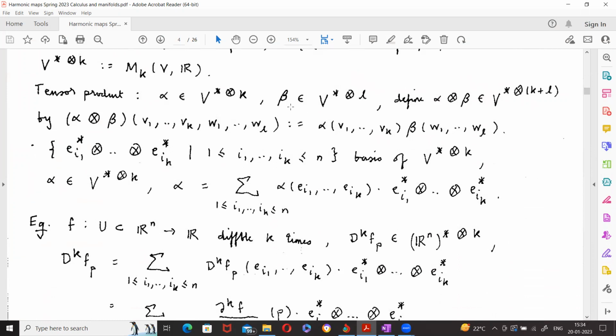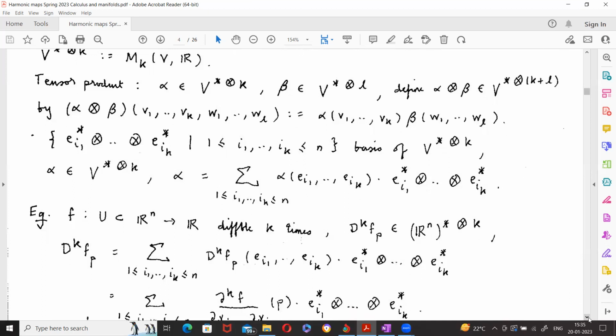We saw that if e_i is the basis of V and e_i star is the dual basis, then the tensor products e_{i_1} star tensor e_{i_k} star, these k-fold tensor products, are a basis of V star tensor k, which is identified with the space of k multilinear functions from V cross V, k times, to R. And any k multilinear function alpha has an expansion with respect to this basis given by the sum over i_1 to i_k of alpha of e_{i_1} to e_{i_k}, times e_{i_1} star tensor e_{i_k} star.